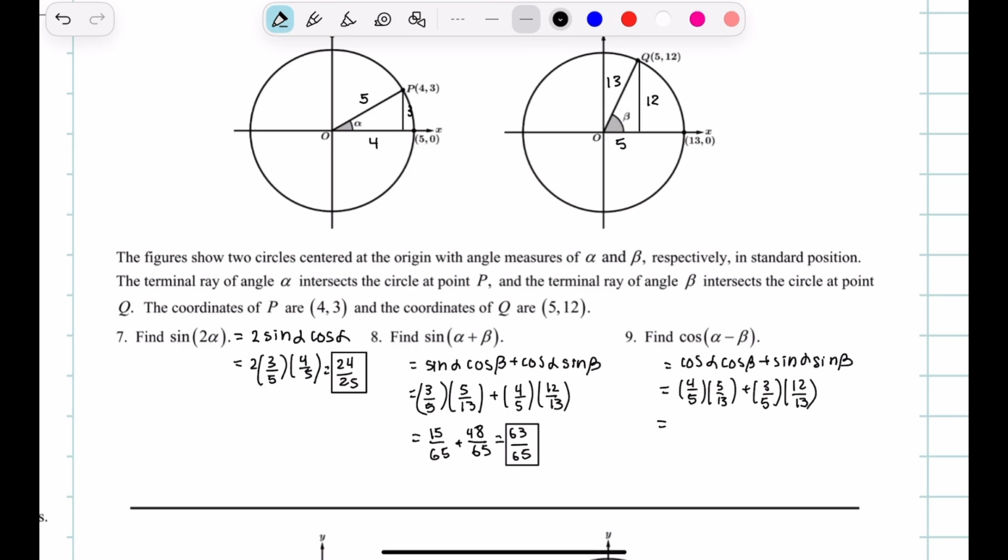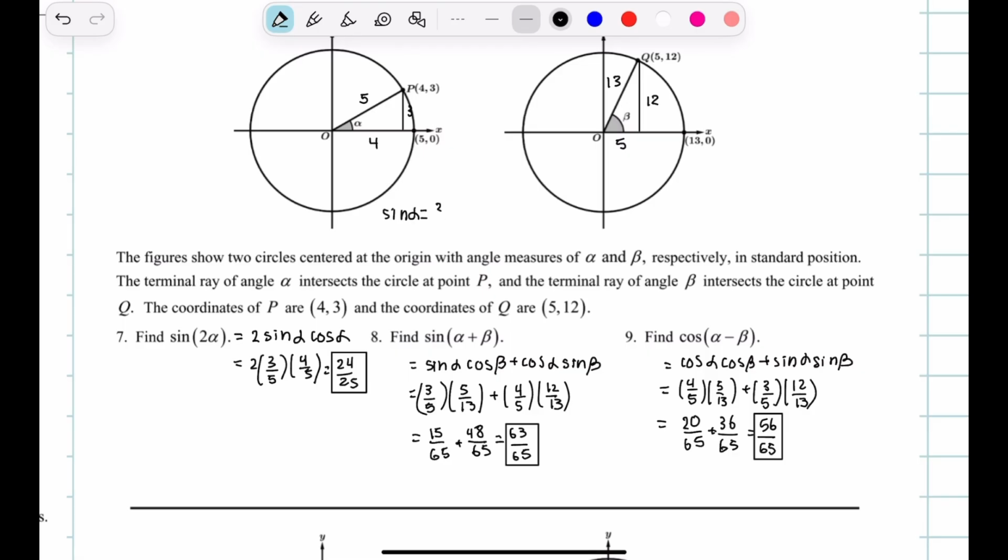And this is going to be equal to 20 over 65 plus 36 over 65. And this is going to be equal to 56 over 65. So you can box that in. And up here, we're just going to write what the values were.